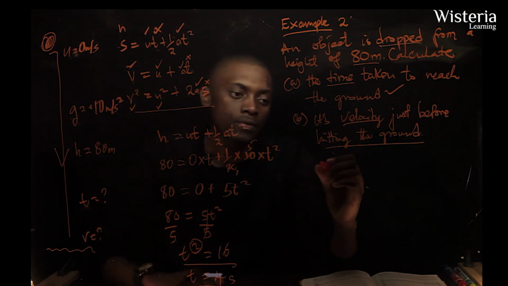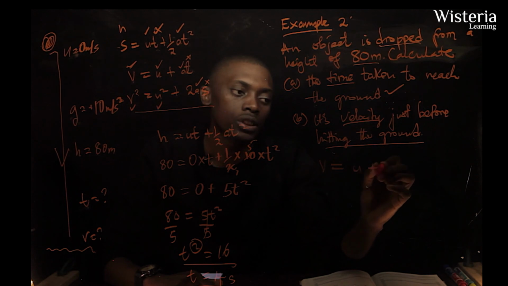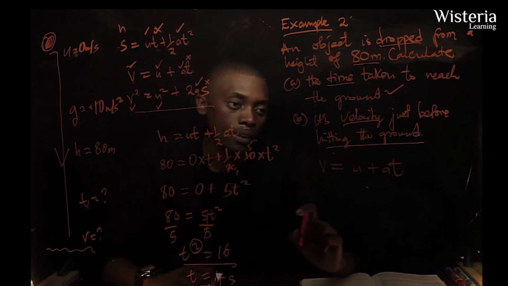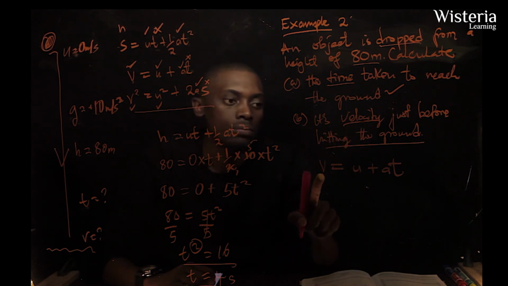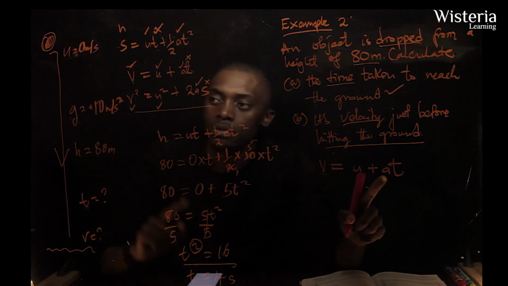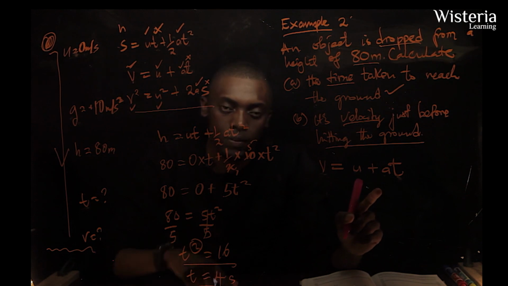The final velocity equals initial velocity plus at. Here we want to solve for v. We have initial velocity, which is 0, acceleration, which is positive 10, and time, which we have found, which is 4.